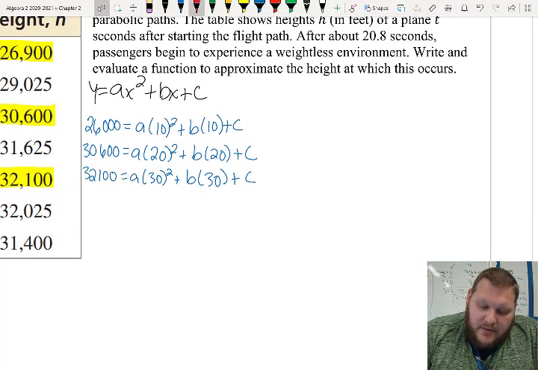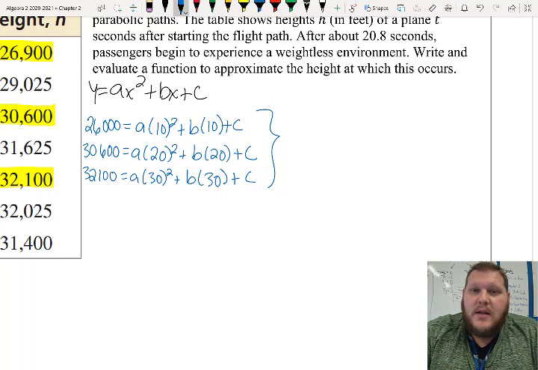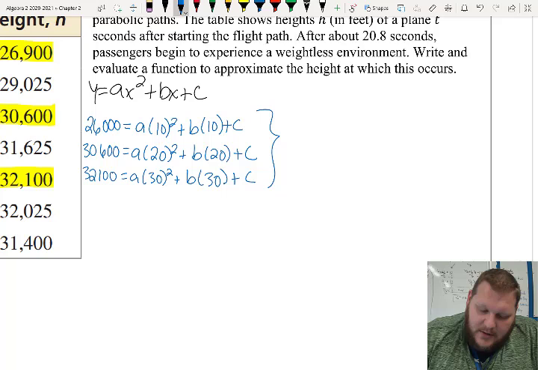What I have to do next is simplify those. I'm going to square my 10, 20, and 30, and rearrange a little bit. So here I end up with 26,000 equals 100a plus 10b plus c.